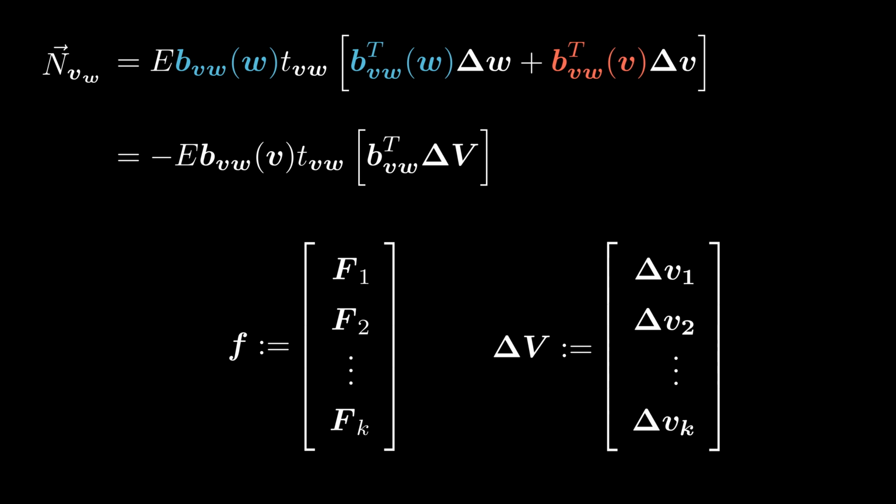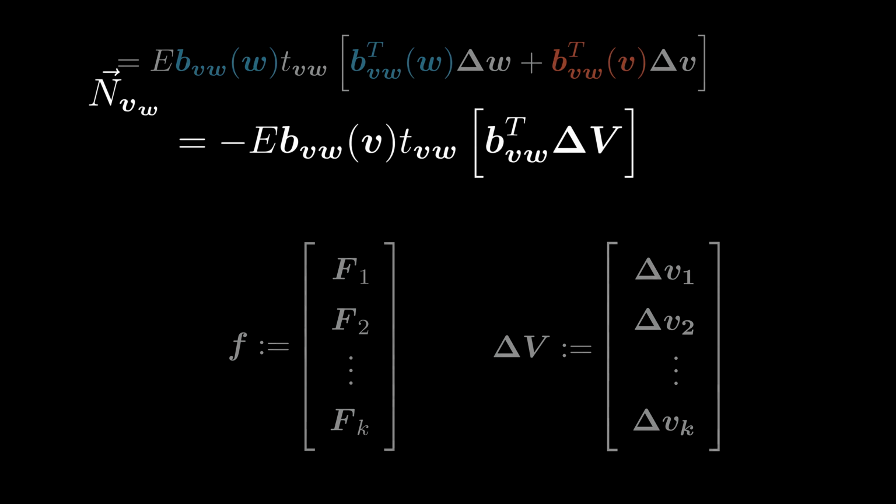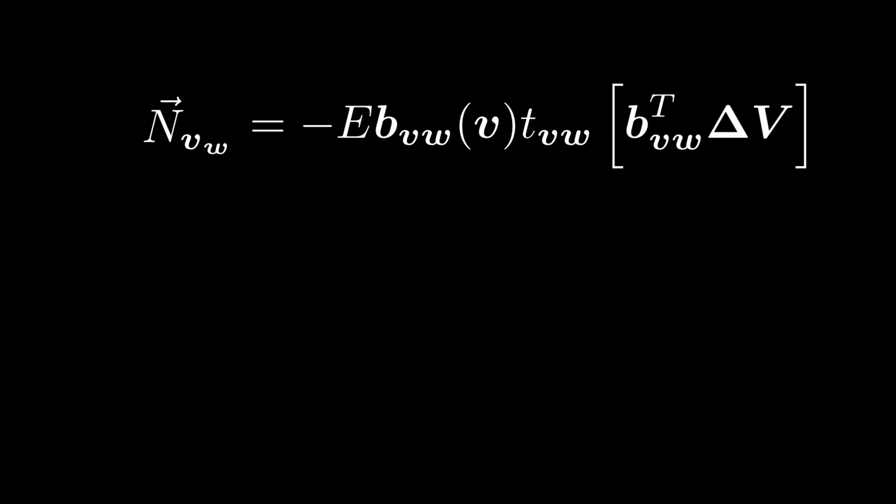So what we obtain is the vector representing the internal force from the node V to the node W is given by minus E multiplied with BVW of V multiplied with TVW and then with a scalar product of BVW and delta capital V.